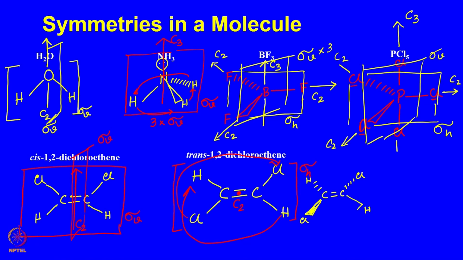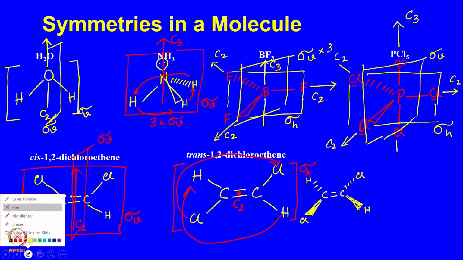Let us draw it properly. So, the chlorine and hydrogen are above the plane of the projection, and the other chlorine and hydrogen are below the plane of the projection.